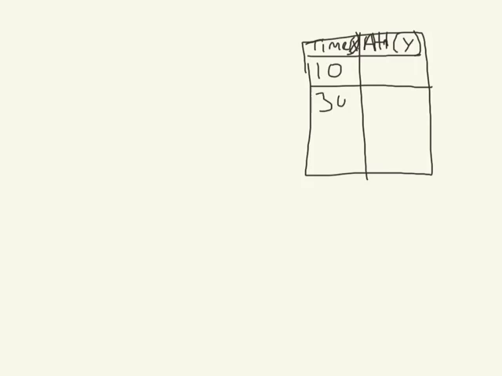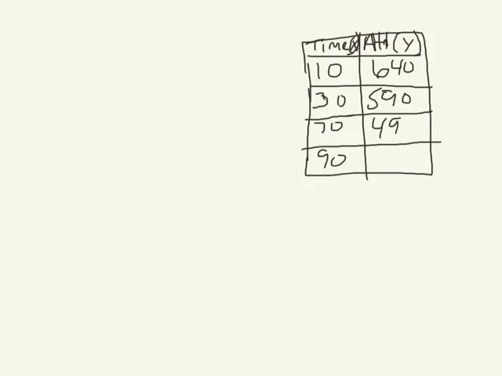So we have 10, 30, 70, 90, and our altitude is 640, 590, 490, 440.